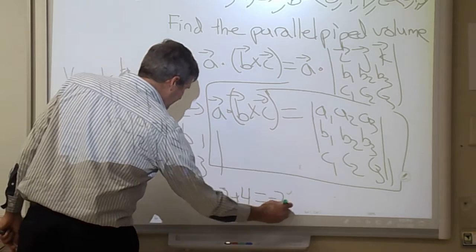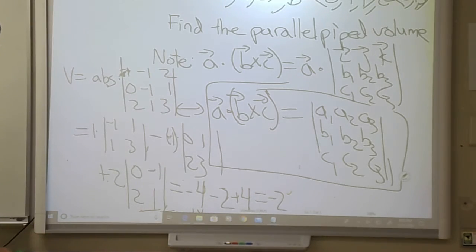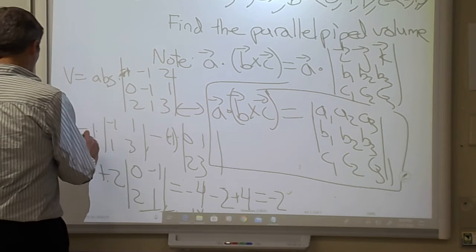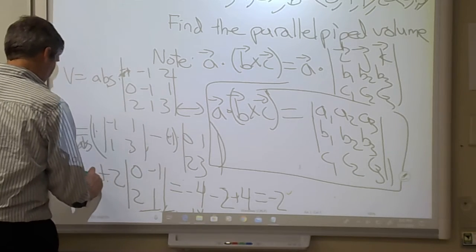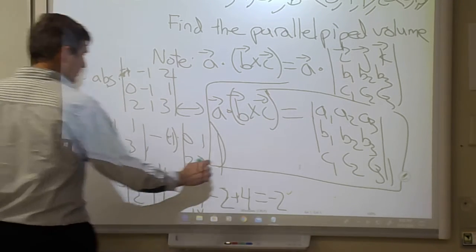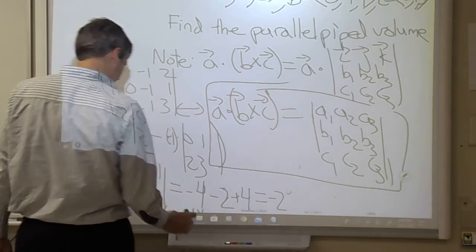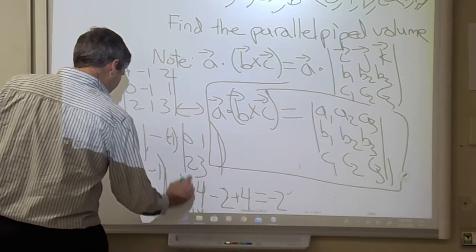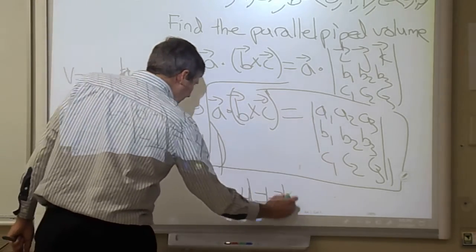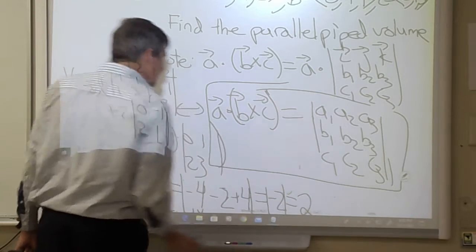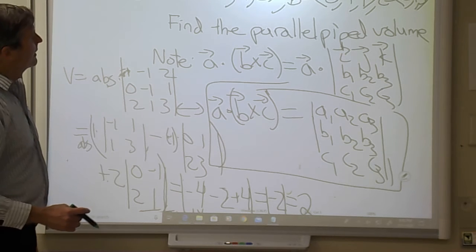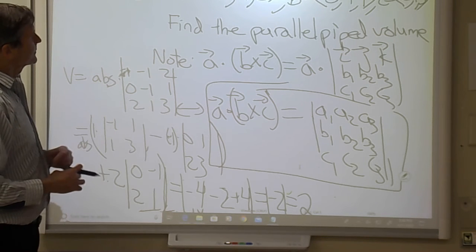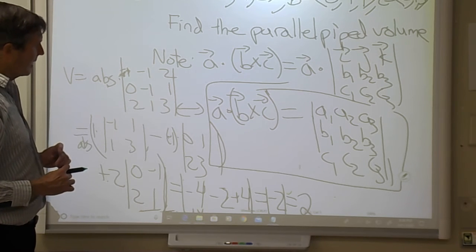Evidently it's equal to -2, the 4 and the -4 canceling. And absolute value of all that, so the volume must be 2. So there's an example of finding the volume of a parallelepiped.